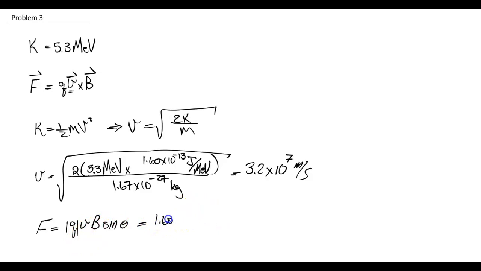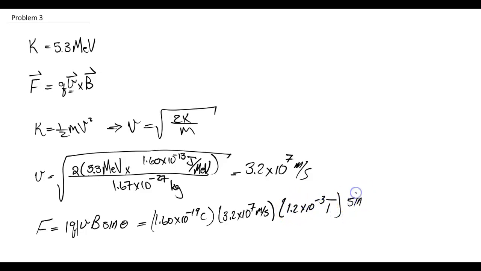So 1.60 times 10 to the negative 19th coulomb times the velocity, which is 3.2 times 10 to the 7th meters per second, times the magnetic field, which is 1.2 times 10 to the minus 3 Tesla, times the sine of, well, the magnetic field is vertical, upward, and the particle is moving horizontally, so this is perpendicular to each other.